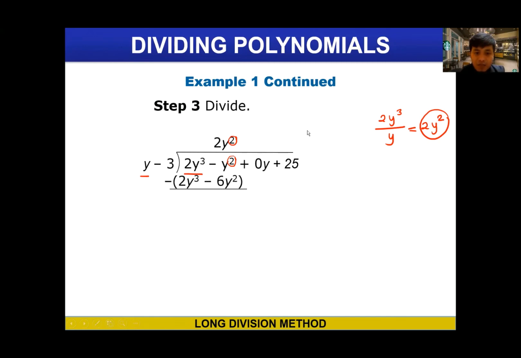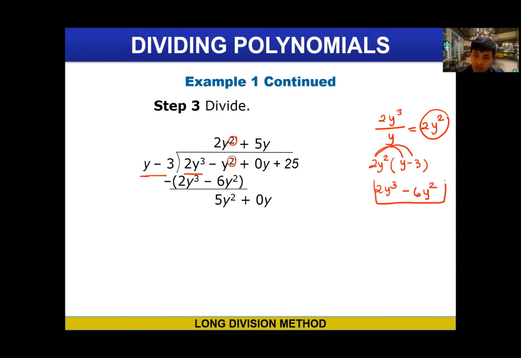Okay, next. After that, sir, how did you get this part? After that, we're going to multiply 2y squared to the whole of this, y minus 3. Distribute: it's going to be 2y cubed, and then negative 6y squared.